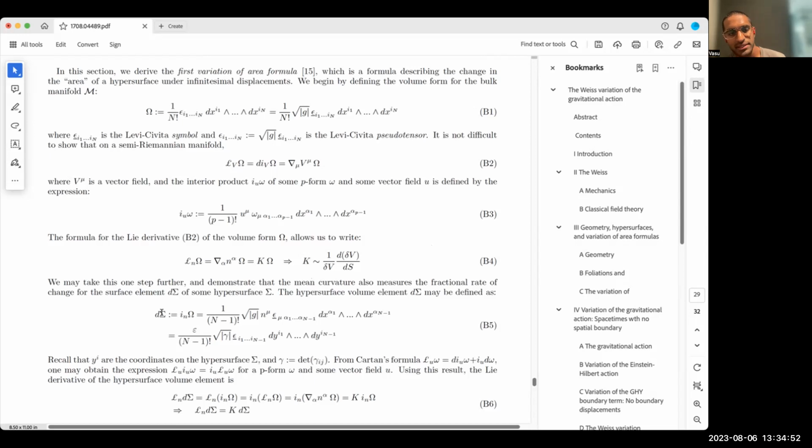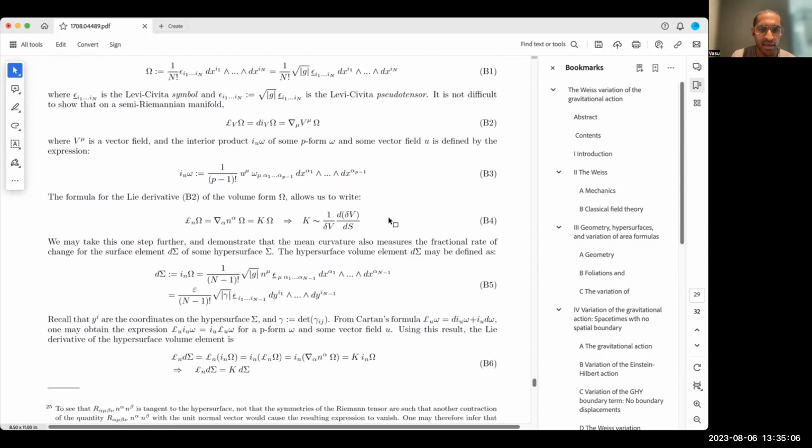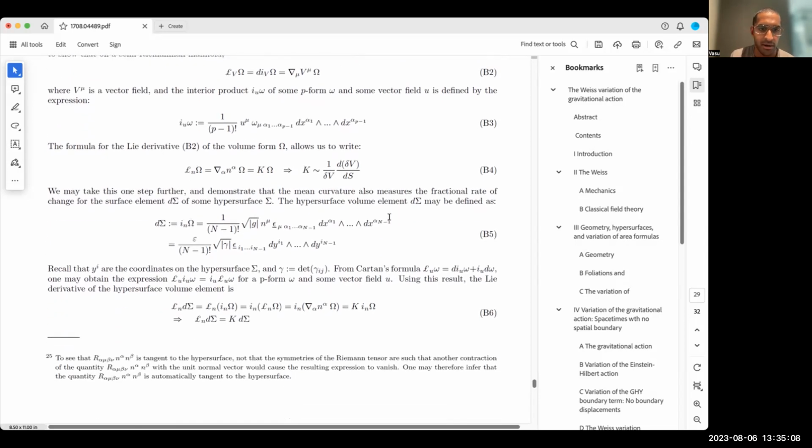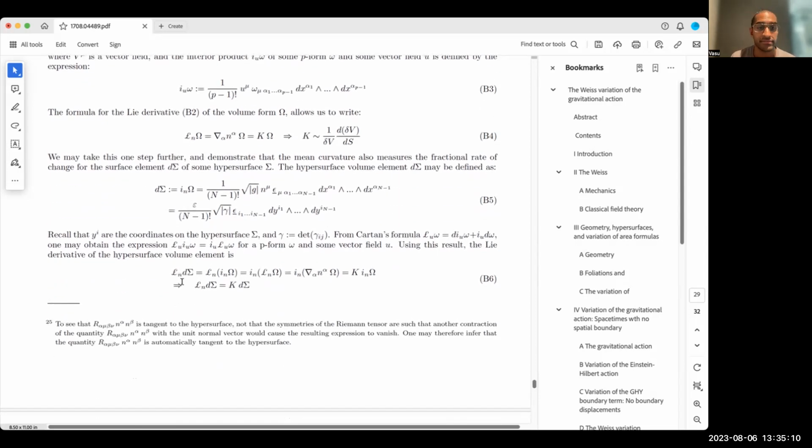Well, the surface element is just the interior derivative of the volume form, right? So the interior derivative of the volume form with respect to the normal gives you the volume element of that codimension 1 surface. Great. Nice. And then they say, let's take the Lie derivative of that with respect to n.